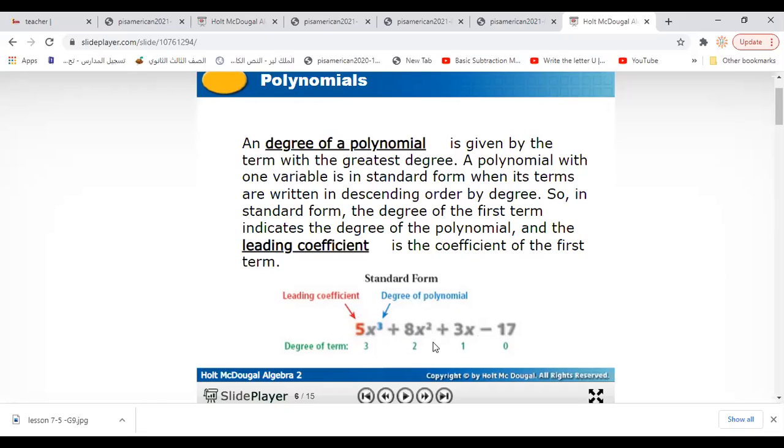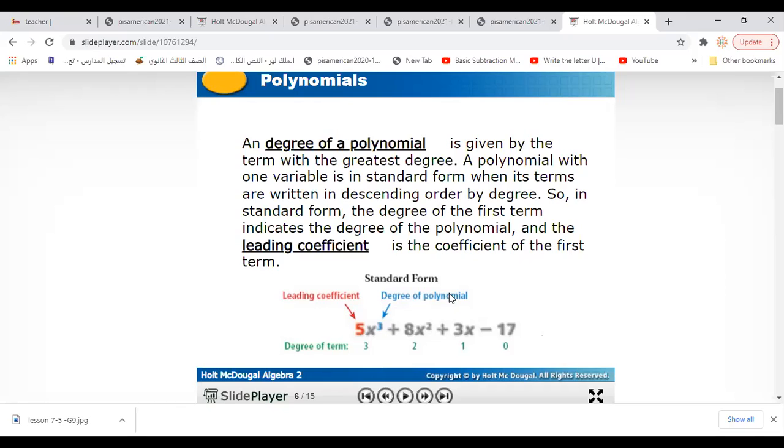First, we find the degree for each one: third degree, second degree, first, and 0. So the degree of this polynomial is the highest degree, which is the third degree. And this expression is now written in standard form.